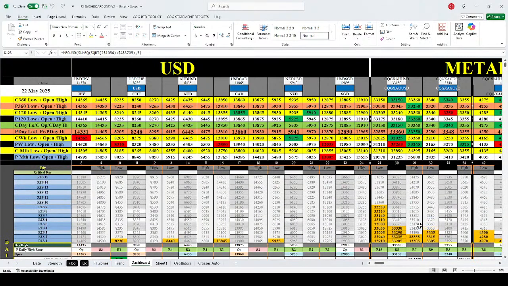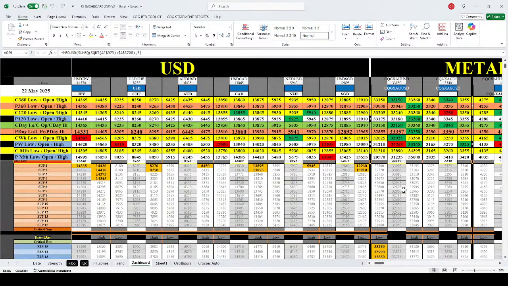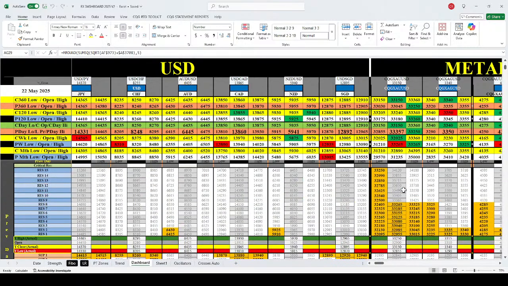Okay, that the daily RR5 is 47. Okay, 3347. Weekly RR5 as well. Okay, give me a minute. The system hang.